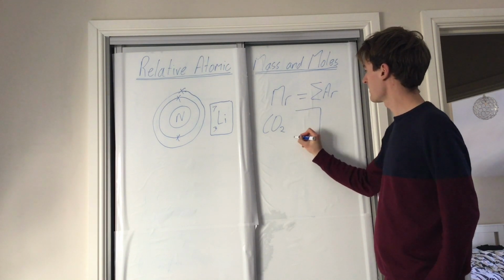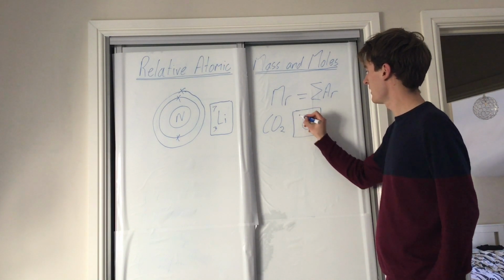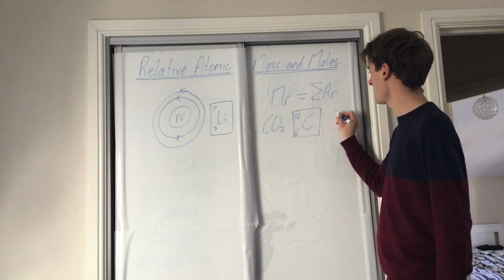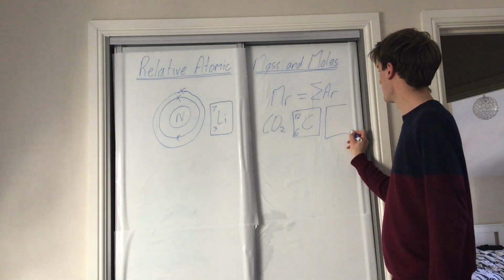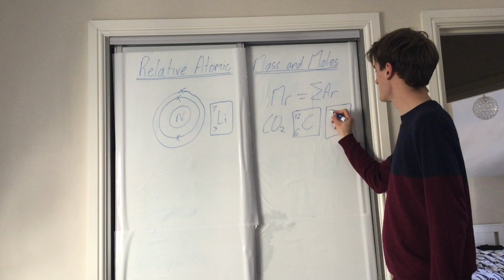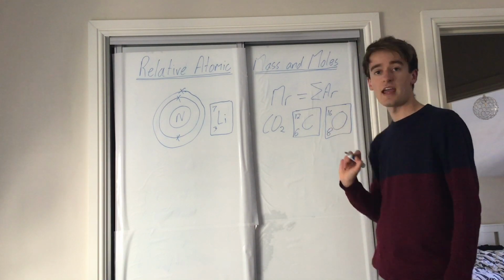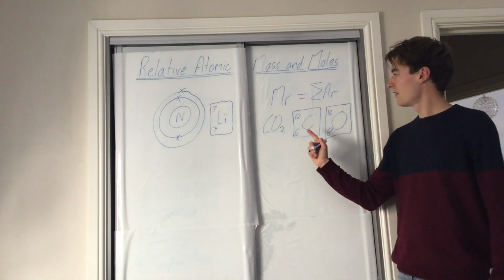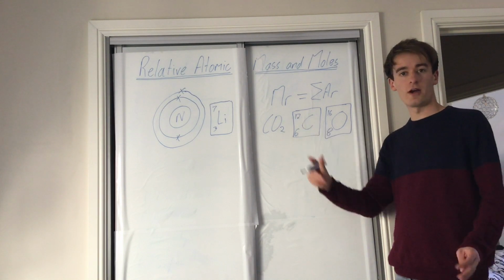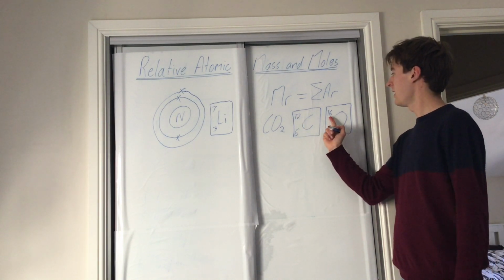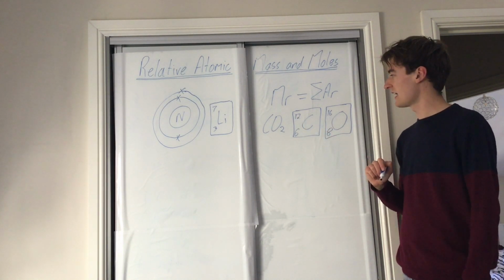If you look at these on the periodic table, carbon has the numbers 12 and 6, and oxygen has the numbers 16 and 8. So, the mass number for carbon is 12, the mass number is the massive number, and the mass number for oxygen is 16.